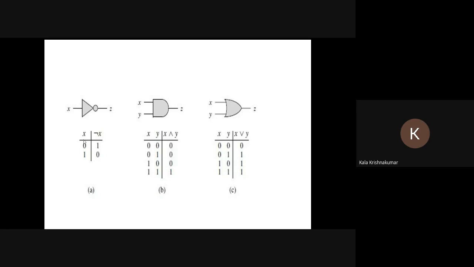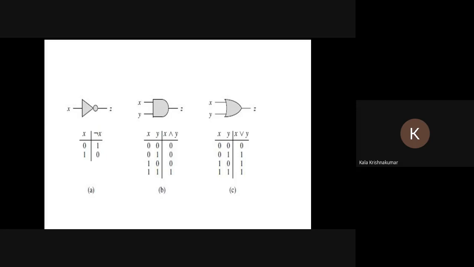Boolean combinational circuits mean we are making use of combinations of these logic gates, combinations of AND, OR and NOT, with inputs and a circuit output.